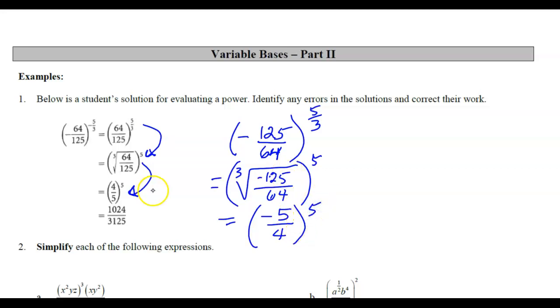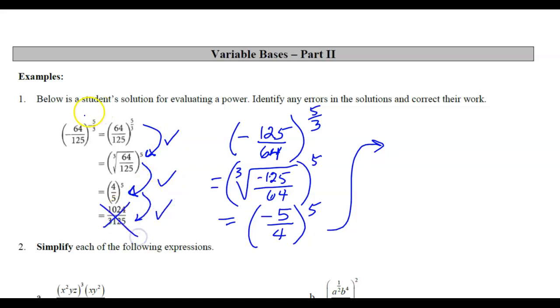And then we raise everything to the exponent 5. Did they? You might want to get out your calculator just quickly. 4 to the 5 is, that's correct, yeah. And then 5 to the 5. So they did that part correctly. So they did that, they did this, they did this.